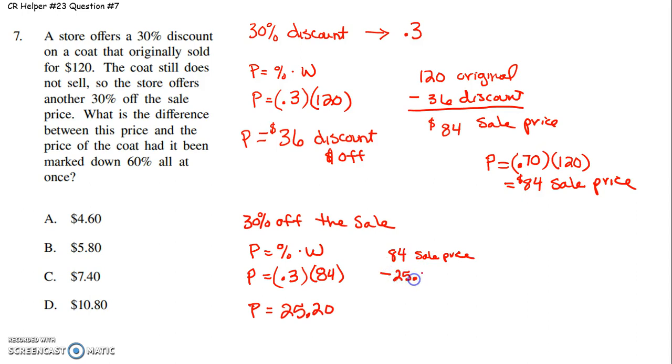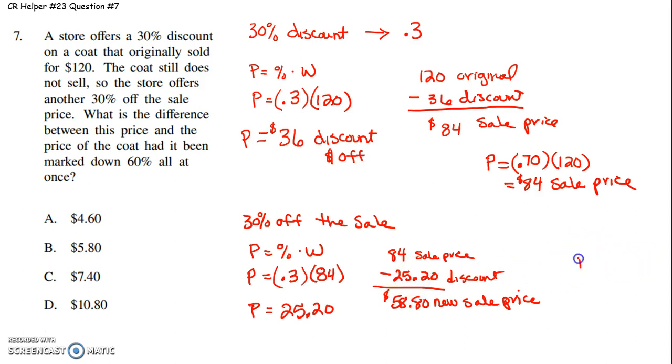So then I have to take my $84, which was my sale price, and subtract off $25.20, which was my discount, and then I'll get the new, lower sale price. So let's go ahead and do that. And we get $58.80. Okay, $58.80.